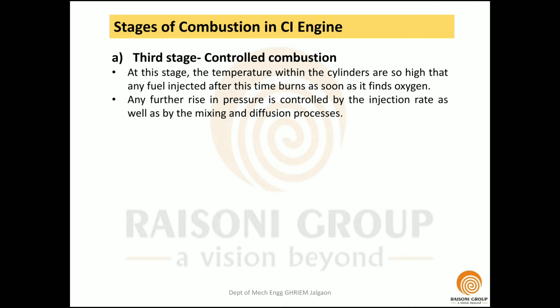Engines running at low RPM should be designed to secure rapid mixing of the fuel and air during this stage in order to complete the combustion process as early as possible in the expansion stroke.